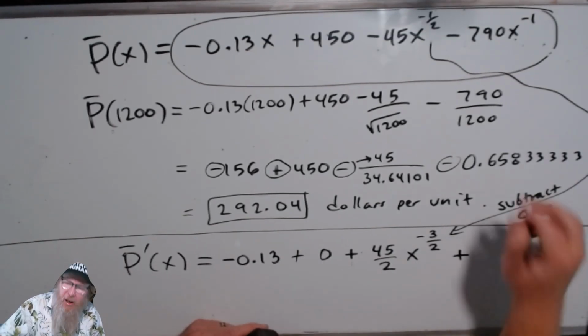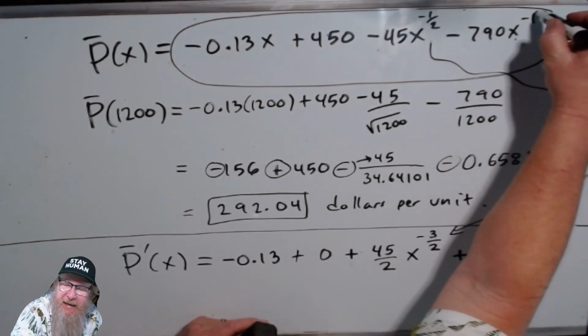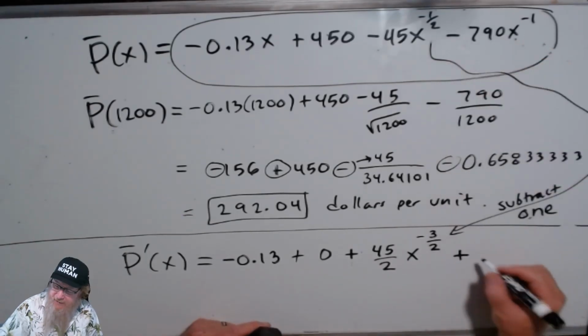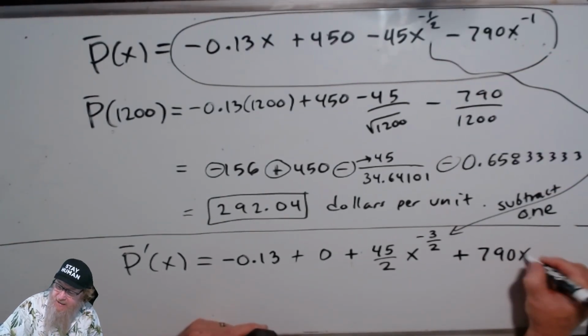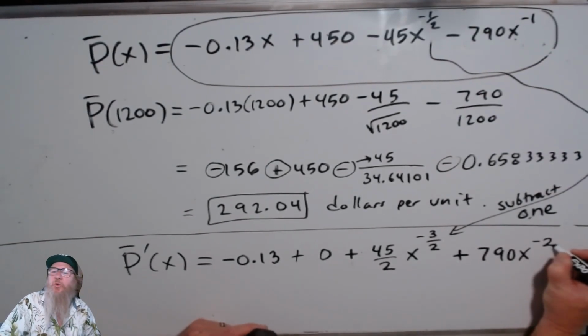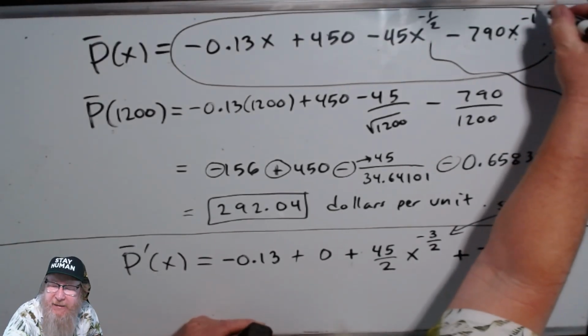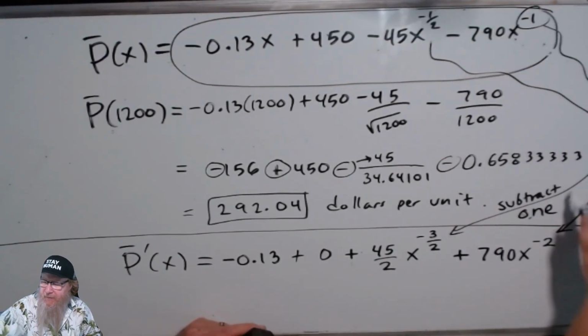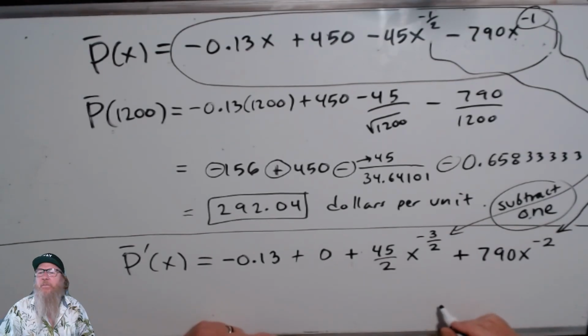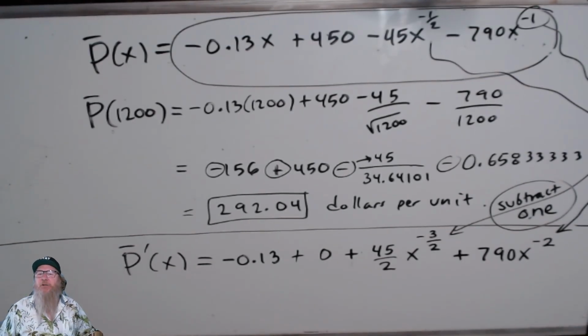And then another plus, because it's going to be negative times a negative, plus 790 x to the negative 2. Remember, you're subtracting 1 from the powers. So that is your marginal average.